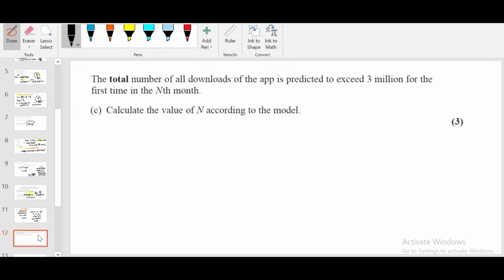The next part says the total number of downloads of the app is predicted to exceed 3 million for the first time in the nth month. Since the downloads are given in thousands, we divide by 1000, so 3 zeros will be cancelled. You get 3000. So Sn, the sum of the downloads in n months, exceeds 3000.